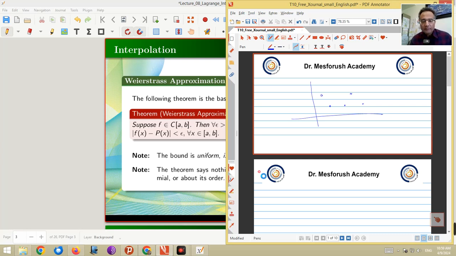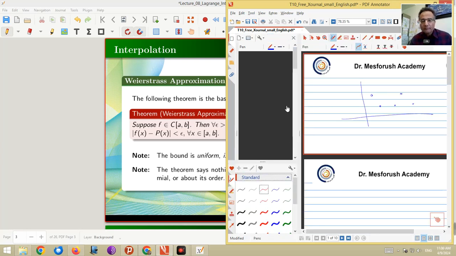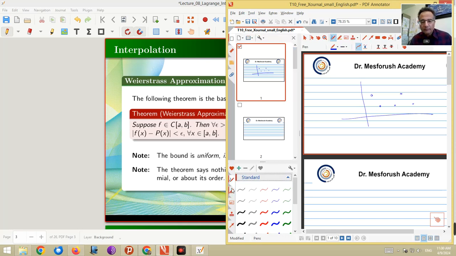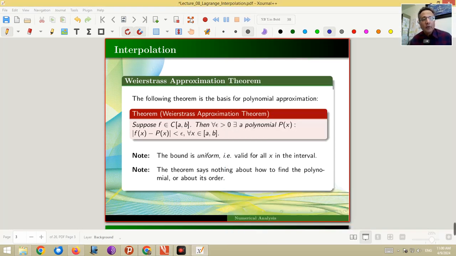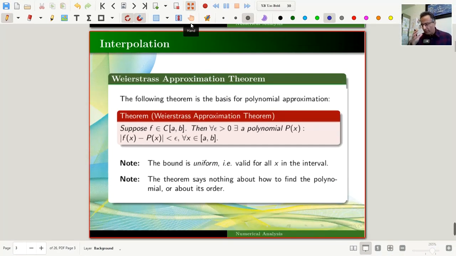Then we can find a polynomial like this. This is, for example, an interpolant polynomial. This is the concept of the Weierstrass approximation theorem.